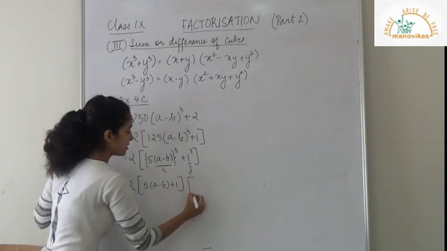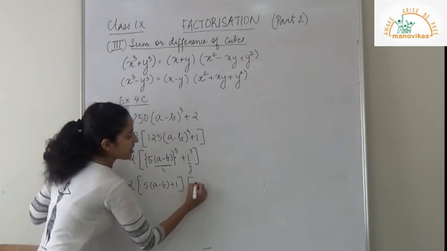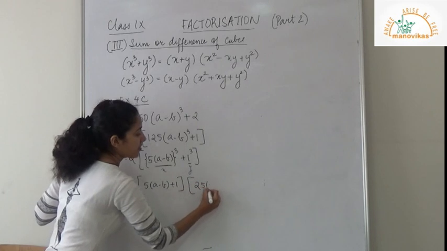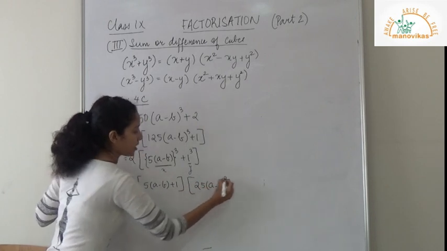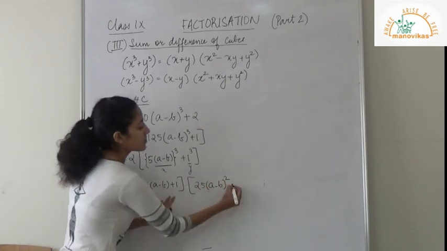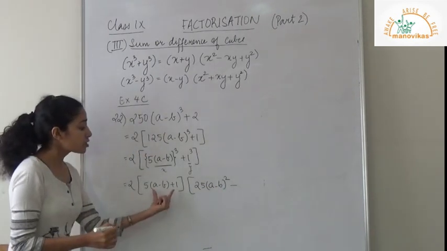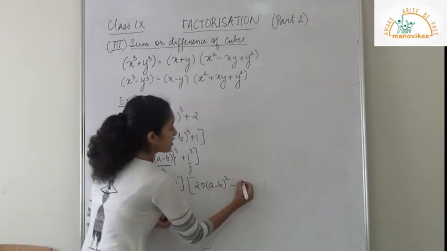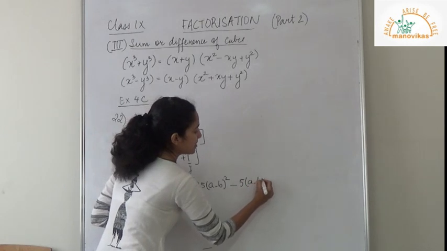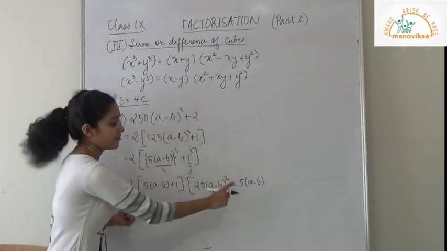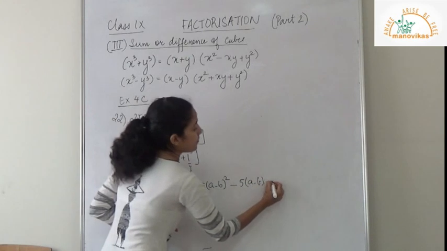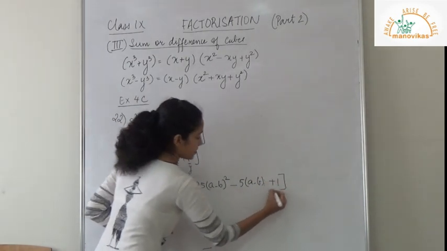And in the second bracket, the square of the first term, that is 5 square is 25, a minus b the whole square. Since that is a positive sign, next will be negative. The product of both these terms, that is 5 into a minus b into 1, is 5 into a minus b, plus 1 square is 1.